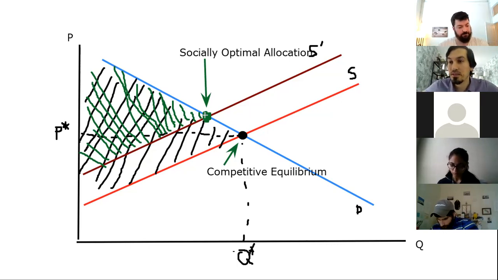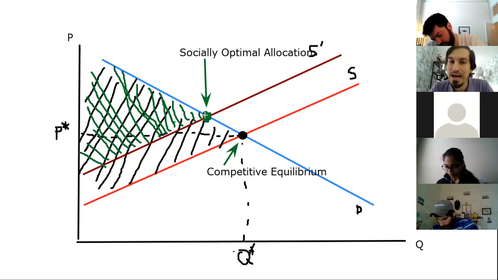The goal of government in the case of a market failure, an externality, is to internalize the externality by charging the polluting firm a per unit tax equal to the size of the negative externality they cause. If they can do that, they will have successfully internalized the externality.